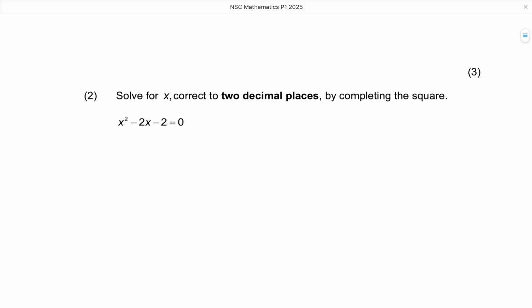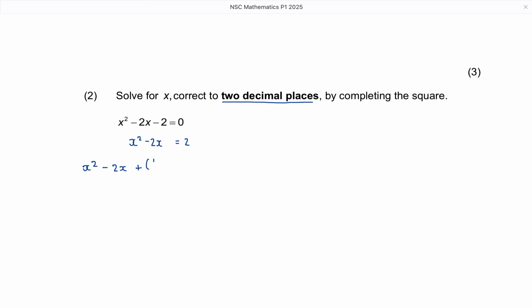For the next question, it says solve for x correct to 2 decimal places by completing the square. So when we complete the square, we want to take the constant number over to the other side of the equal sign, and then we want to add the following.